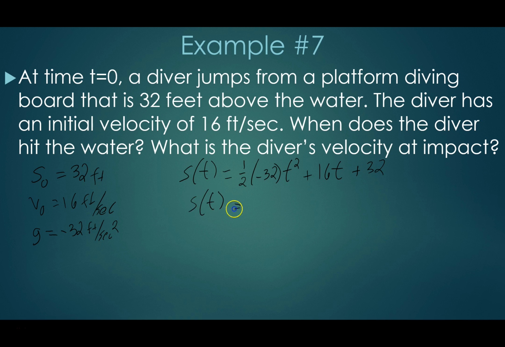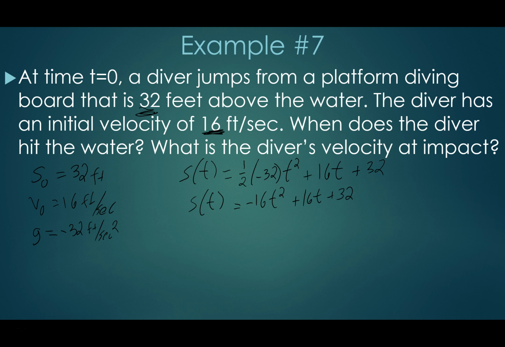So the position function works out to be negative 16t squared plus 16t plus 32. We have to work with the actual position function in order to solve the problem. Without that, nothing else makes sense. And again, all the information came from the word problem itself: the initial position, 32 feet, the initial velocity, and we know g is negative 32 because we're working in standard units. Had this been metric units, g would have been negative 9.8.